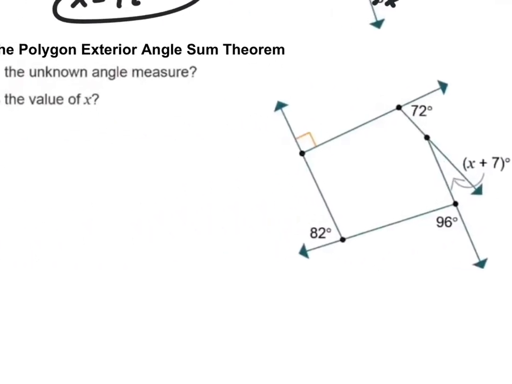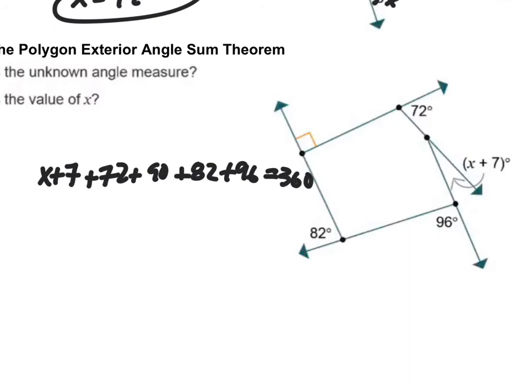Let's start off with x plus 7, and then plus 72, plus 90, plus 82, plus 96. Add them all up, we're going to get 360 degrees.